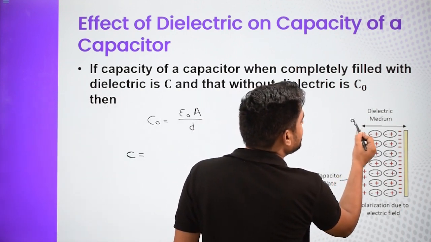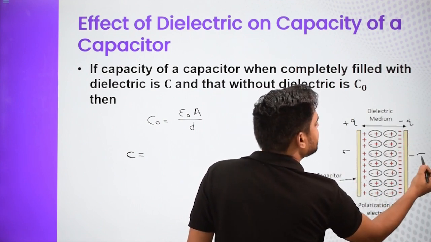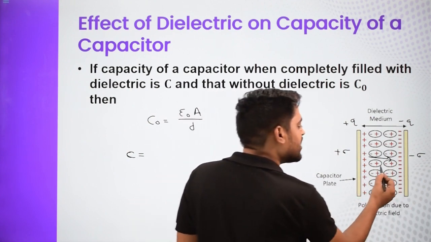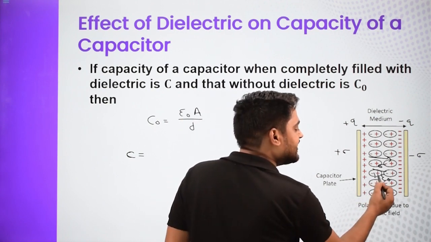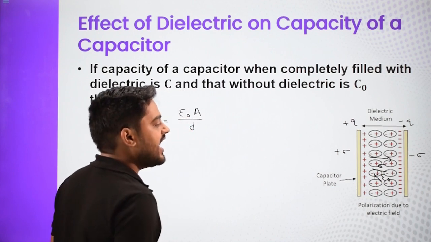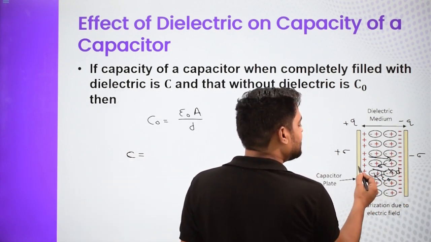So the new capacitance is basically, again let's do the same thing. If this is Q, this is minus Q. If this is sigma, this is minus sigma. Then the electric field over here originally was sigma by epsilon naught, but now it is sigma by K epsilon naught. The electric field is reduced, and multiplied by the distance D it gives me the potential difference.